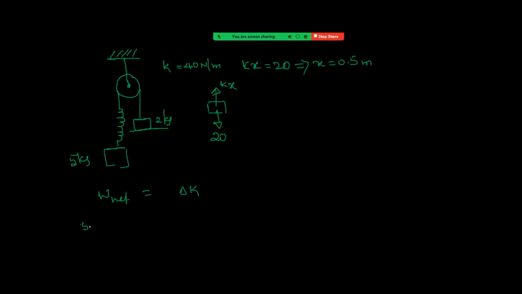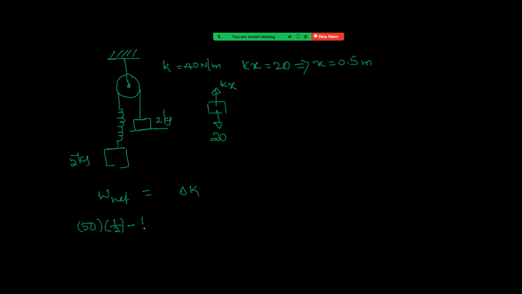By gravitational force. Gravitational force mg, displacement is half. Displacement is downwards. Gravitational force also downwards. So by gravity, positive work is done. Coming to by spring force upwards, but displacement is downwards.